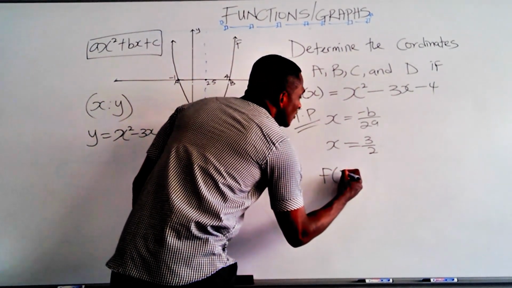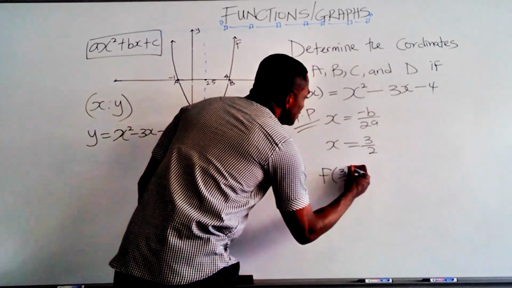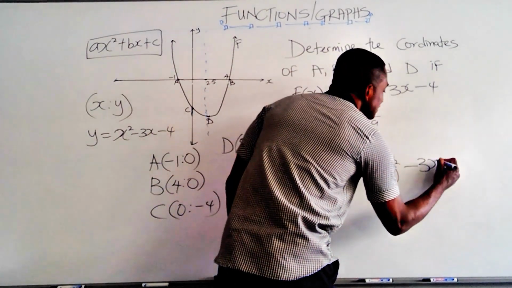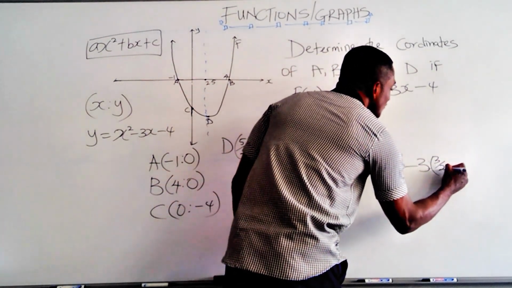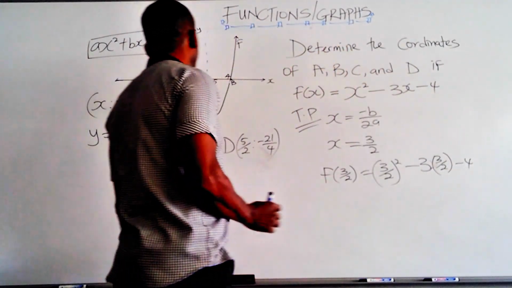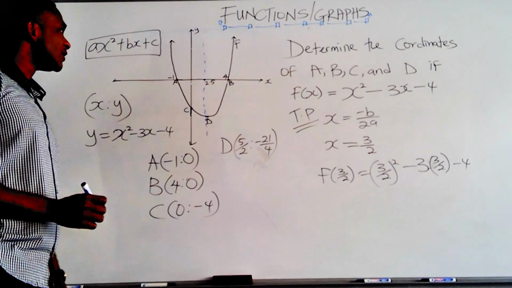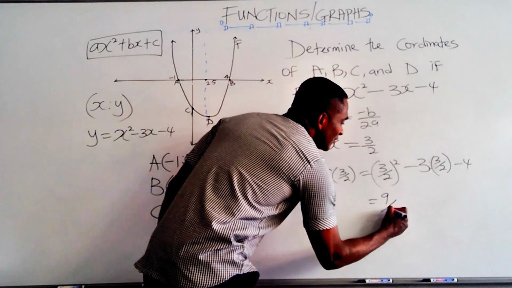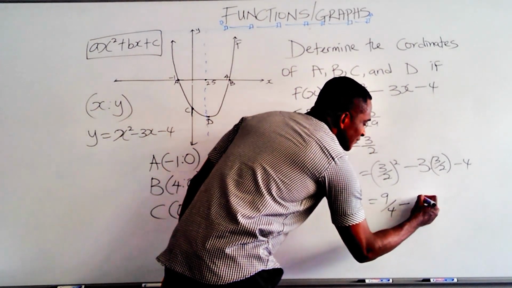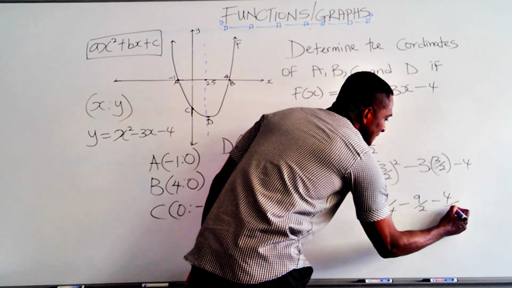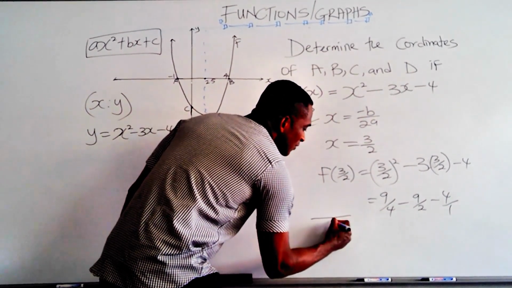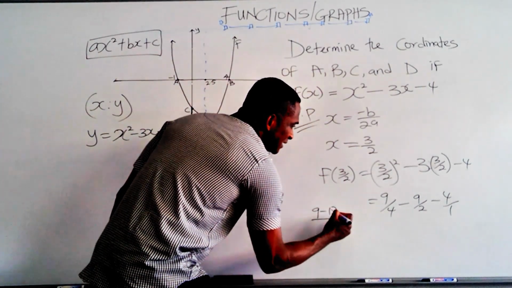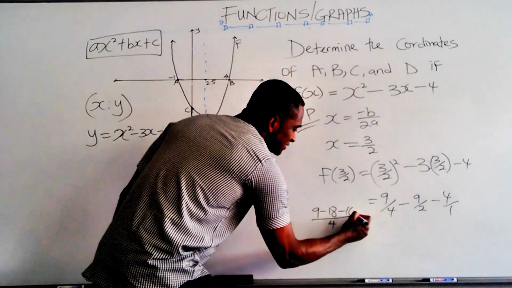So we have f of 3 over 2 equals 3 over 2 all squared minus 3 times 3 over 2 minus 4. So this gives me 9 over 4 minus 9 over 2 minus 4. If we simplify this, we will have a denominator of 4, then 9 minus 18 minus 16.